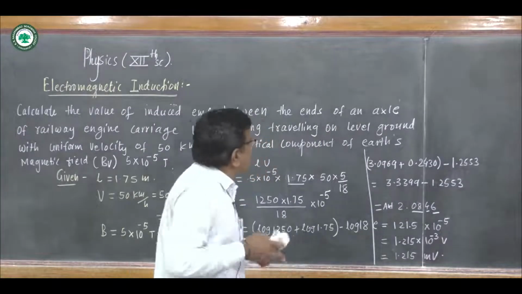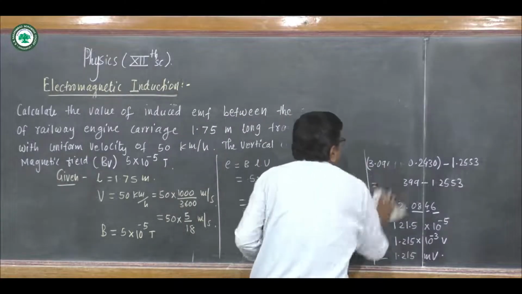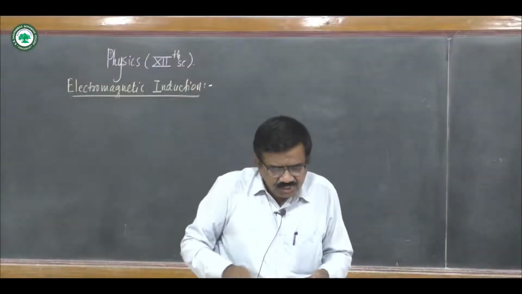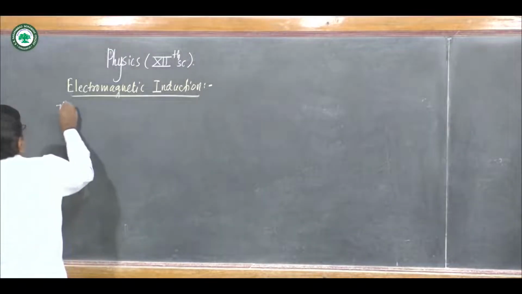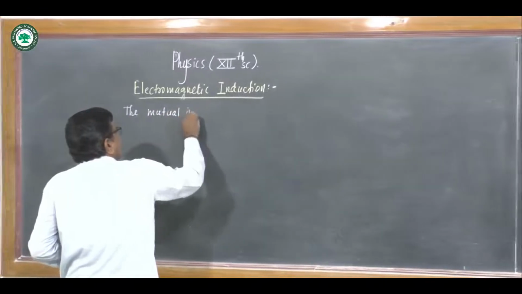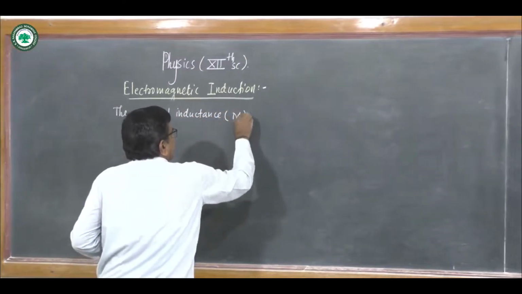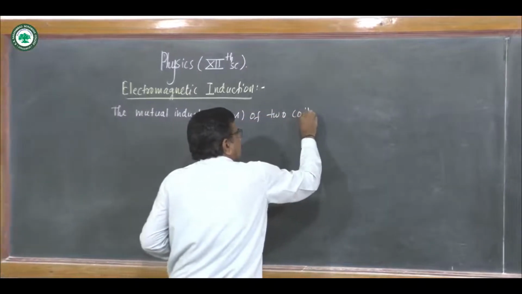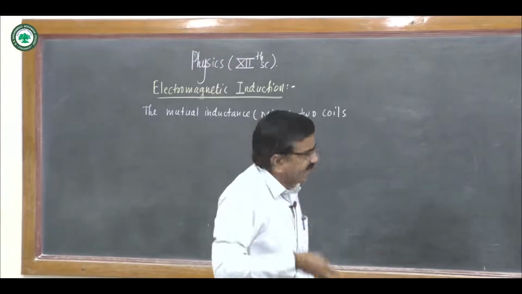Now see the next numerical based on electromagnetic induction. The mutual inductance M of two coils is 1.5 Henry.